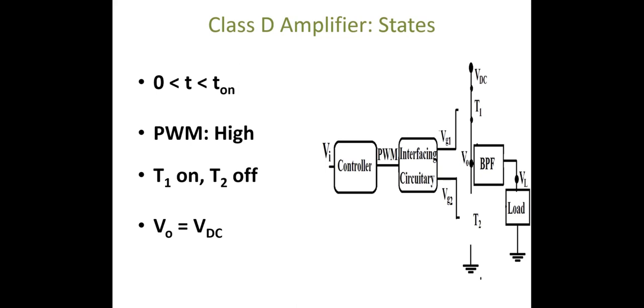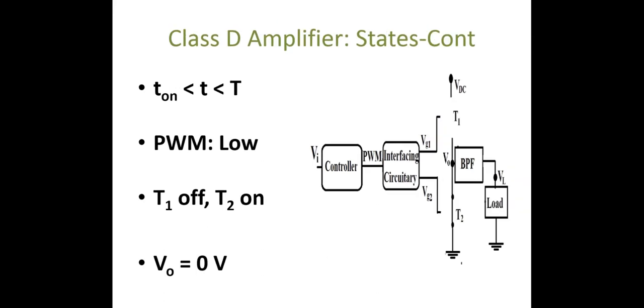When t becomes larger than T on, the PWM becomes low. So now the situation is as what you can see in this figure. t is now between T on and capital T, which is the time period of the PWM.